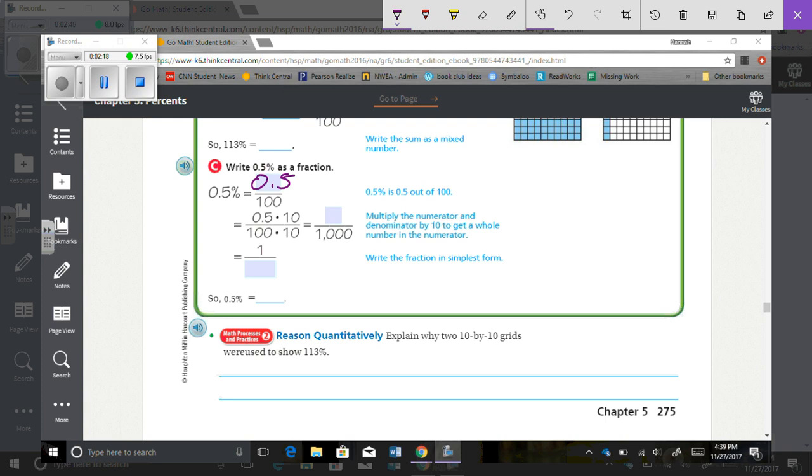So 0.5 multiplied by 10 is 5, and 100 multiplied by 10 is 1,000. So then we get 5 1,000ths, and then we're going to write that fraction in simplest form. If I take 5 divided by 5, I get 1, and 1,000 divided by 5 equals 200. So 0.5% is 1/200.